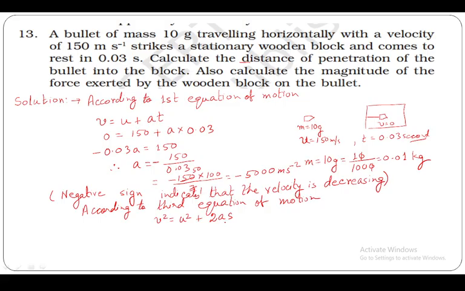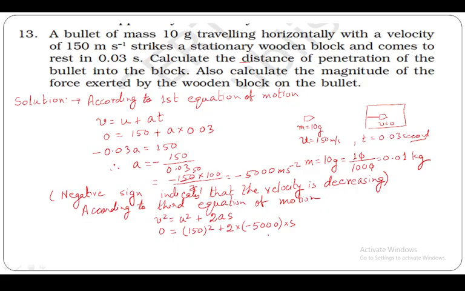From here we will get the value of distance. What is v? v is 0. What is u? 150 meter per second. So 0 is equal to 150 square plus 2 a s, where acceleration is minus 5000.